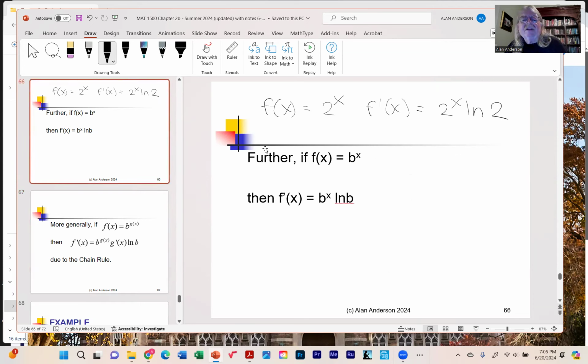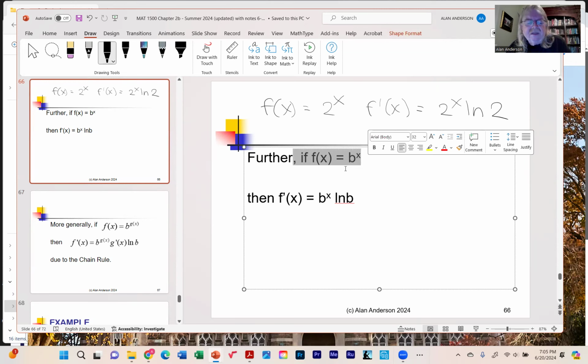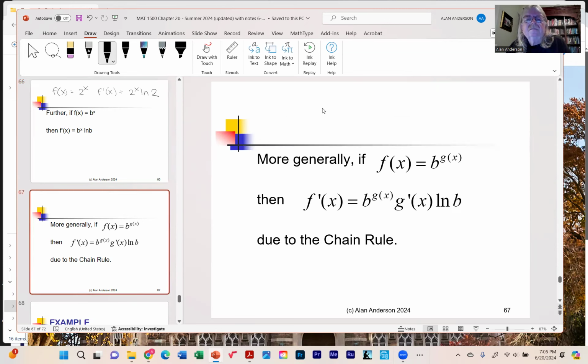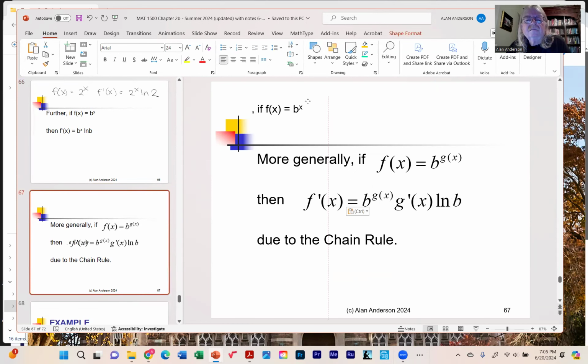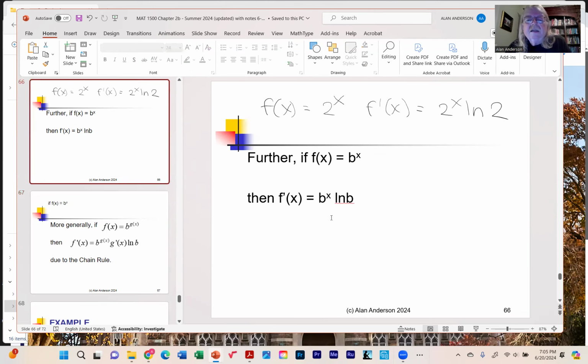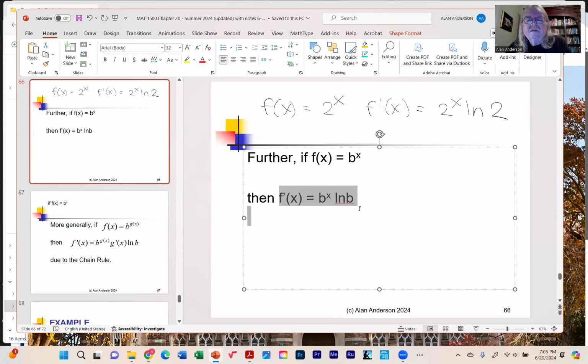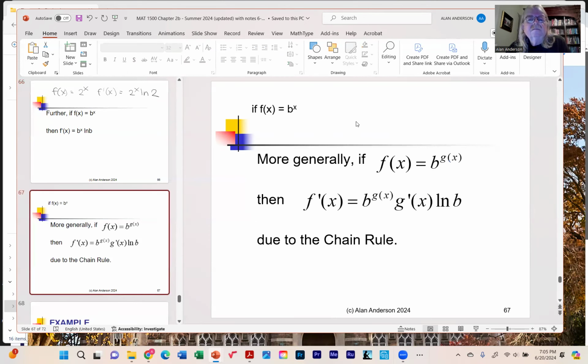Let me copy this here so you can see them side by side. So if we have f of x is b to the x, and then the derivative becomes this.